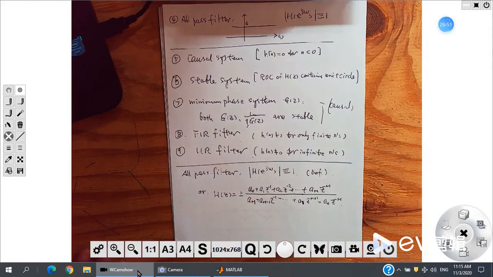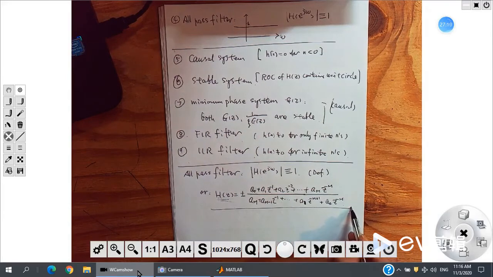You just flip the order, the location of these coefficients, then you have H. So all the all-pass filters, you can always write in this way.